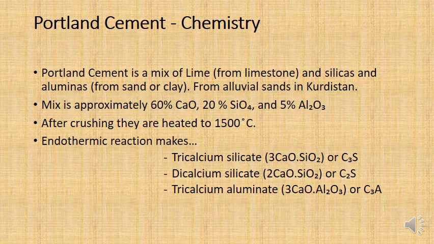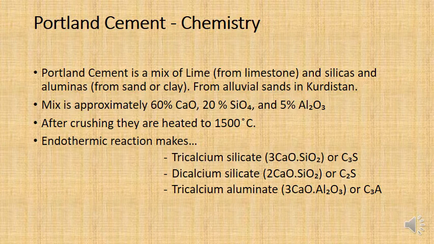And you may wonder where the other 15% comes from? Well, that's just impurities. But that's basically what we will be proportioning. So roughly you will be putting in about 60% limestone and then about 40% sand or clay.